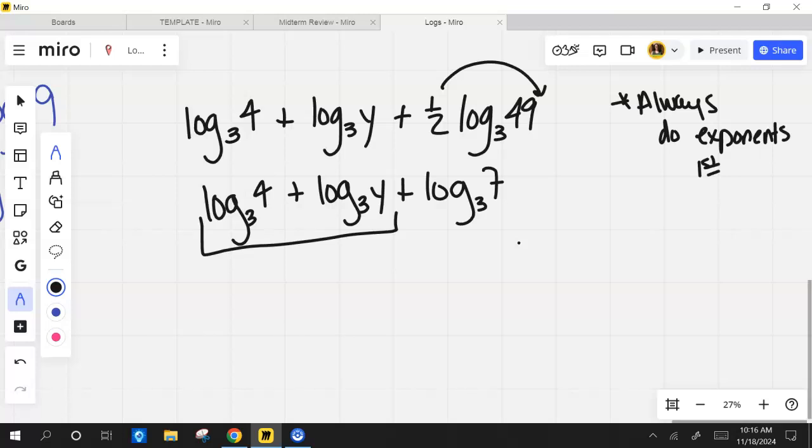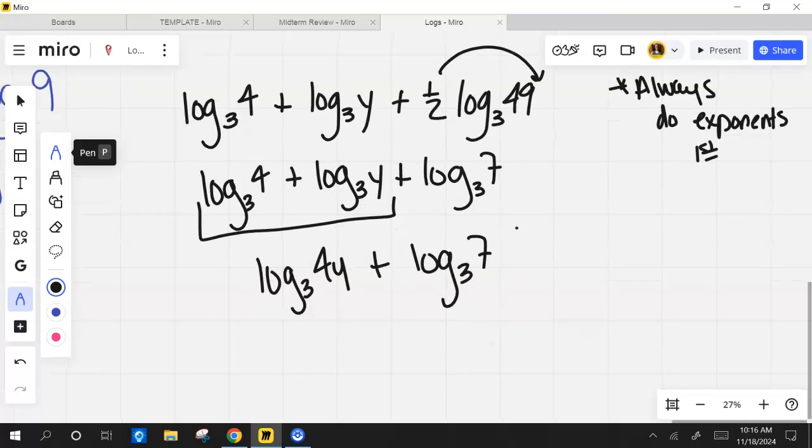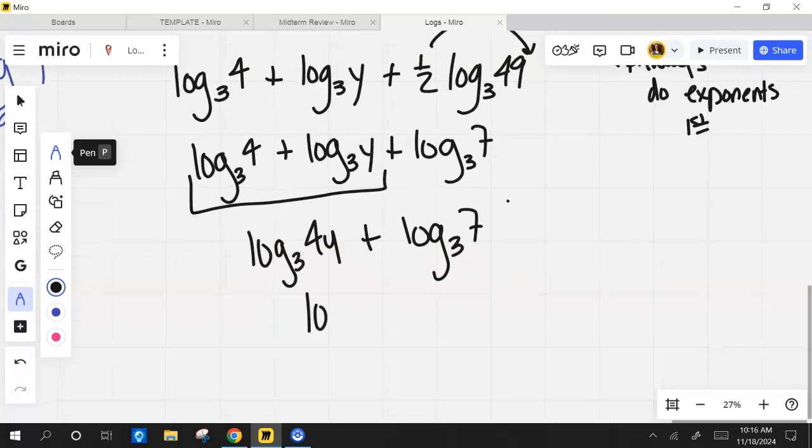If I'm subtracting, that means I'm dividing. So these first two would be log base 3 of, and if you did this all at one time, it's okay. I just want to show you my thought process. And then I can multiply together. What's 4y times 7? 28.